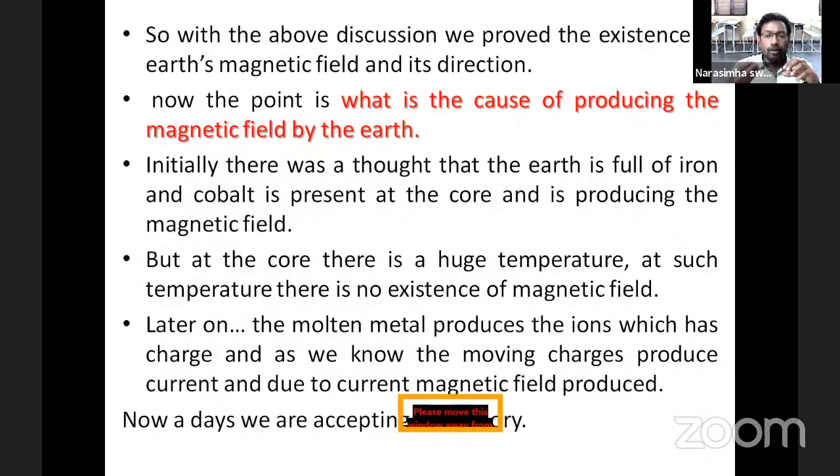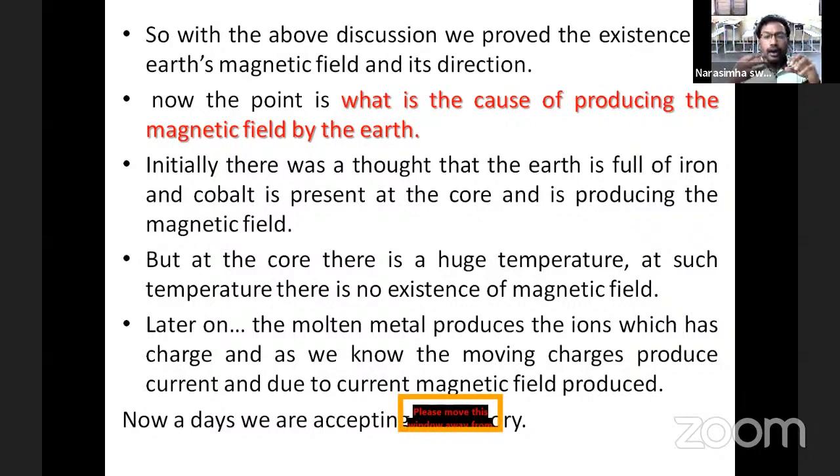The molten metal releases some ions, and these ions have charges. These charges are rotating, because the Earth is in a spin motion. Whenever a charge is moving per unit time, it produces current.